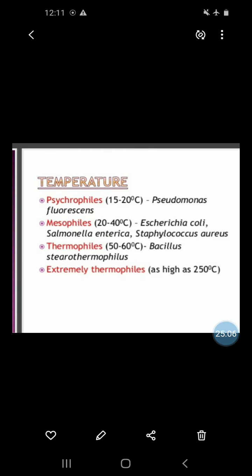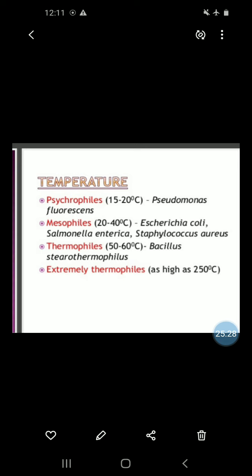First temperature. First psychrophiles, for example Pseudomonas fluorescens. Then mesophiles, Escherichia coli, Salmonella enterica and Staphylococcus aureus.